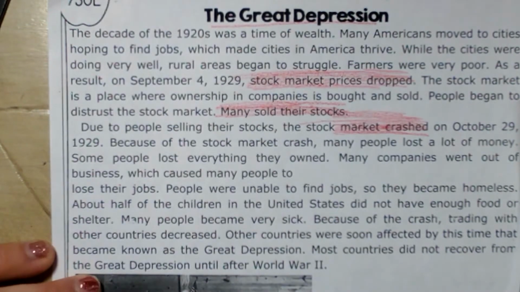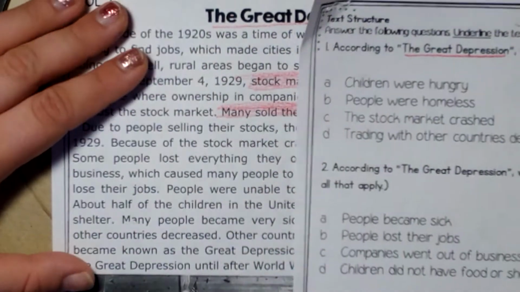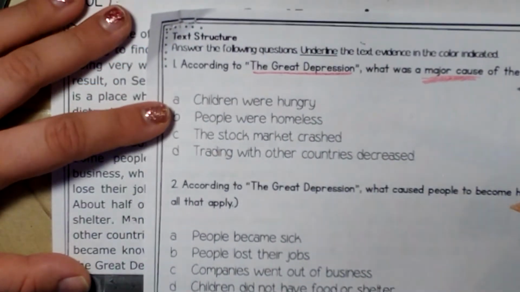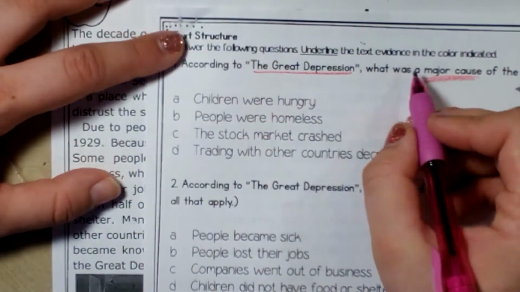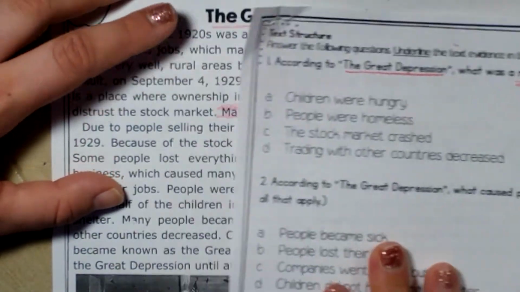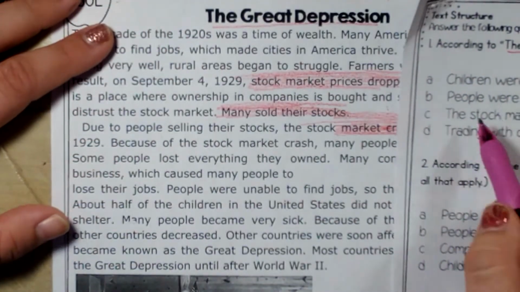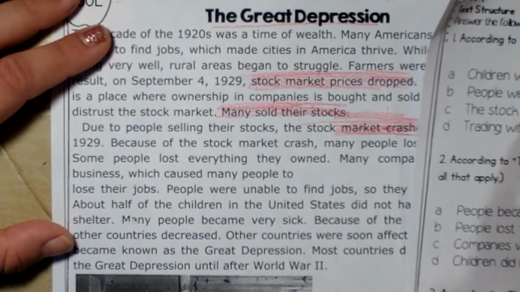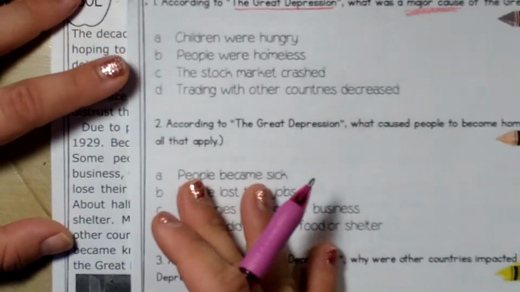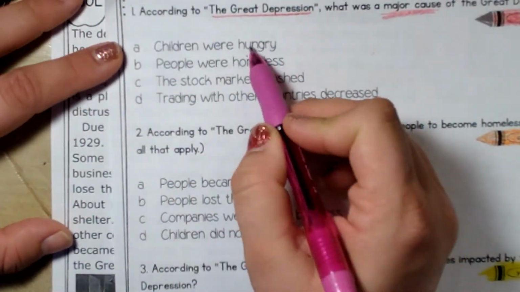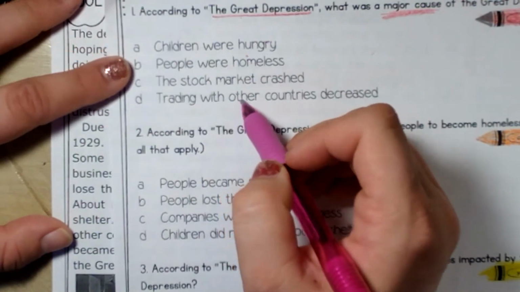So now when I go into answer the question, I'm going to say, according to the Great Depression, what was a major cause of the Great Depression? Children were hungry, people were homeless, the stock market crashed, trading with other countries decreased. All of these, A, B, and D, are effects, what happened after.